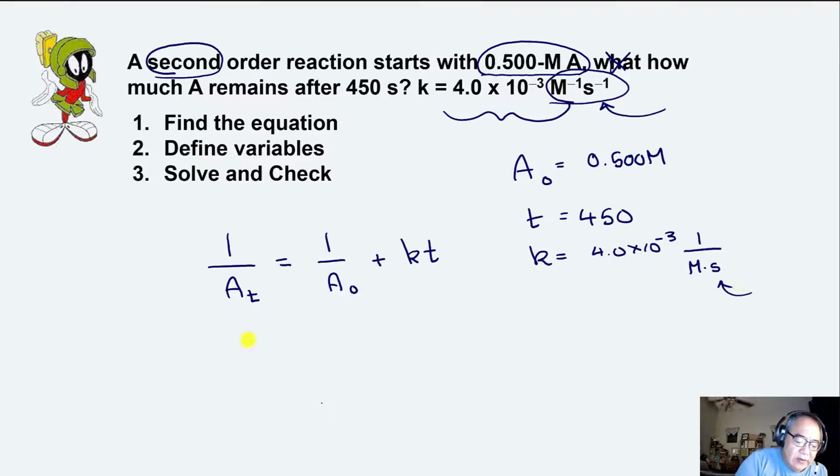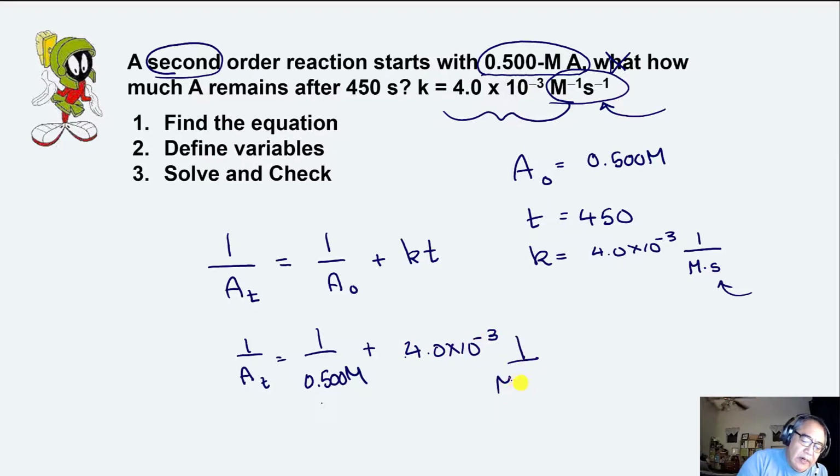Now, we'll plug in the values. 1 over A_t equals 1 over A_0, which is 0.500 molar, plus 4.0 times 10 to the minus third, 1 over molarity times seconds, multiplied by the time, which is 450 seconds.